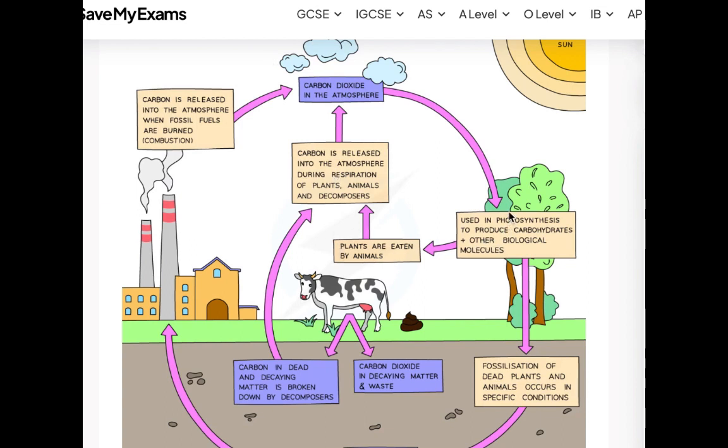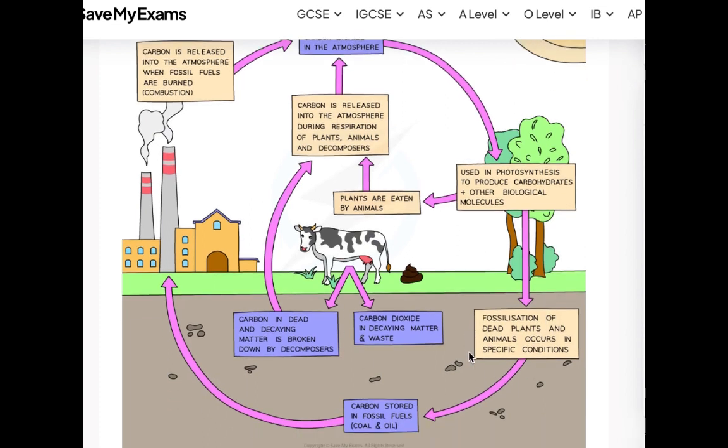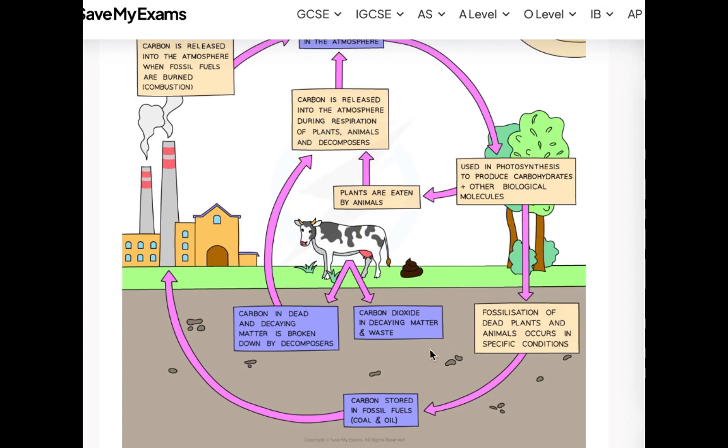Now, these organisms, when they die, return carbon dioxide into the soil as waste product. Over millions of years, they form petroleum products. Not only that, during fossilization of the dead plants and animals, which occurs in specific conditions, or during the decaying process of the organic matter of the organisms, carbon is stored in fossils and converted to fossil fuel.